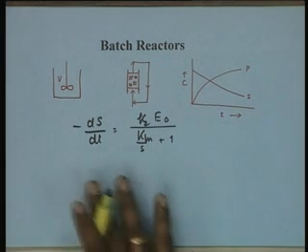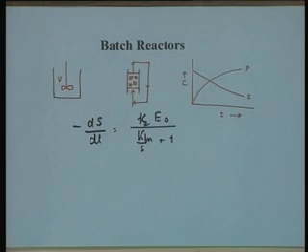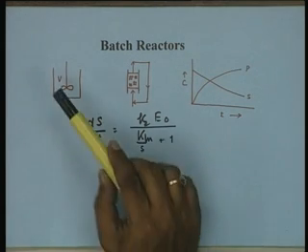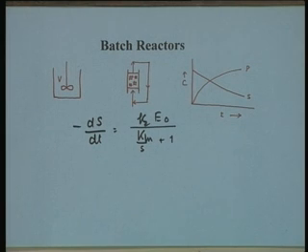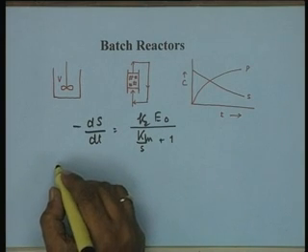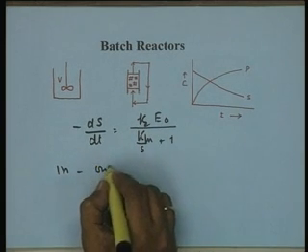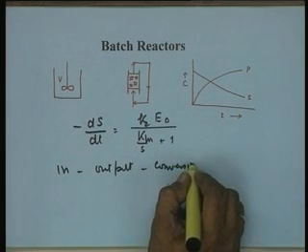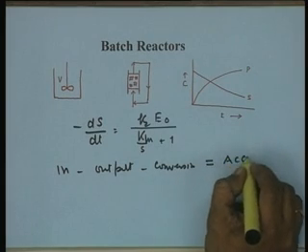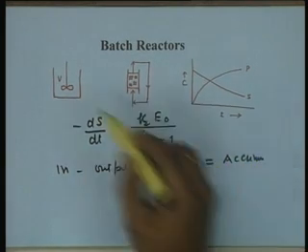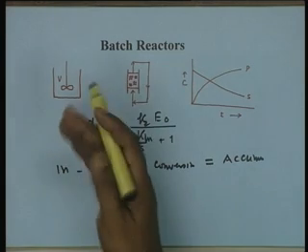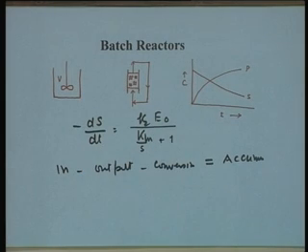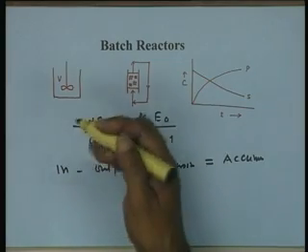Now also, even when we write the integrated form equation, we can assume that this is also valid if you make a material balance across the batch reactor, because the classical material balance equation requires that input minus output minus conversion should be equal to accumulation. Here in the case of a batch reactor, the accumulation is volume multiplied by rate of change of substrate concentration, that is V dS over dt.